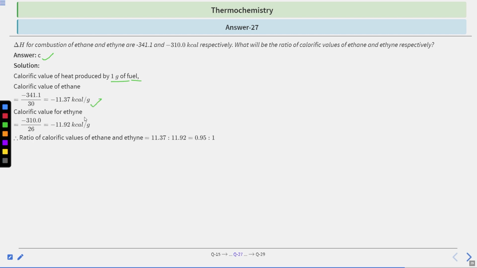And for ethyne, it is minus 310 upon 26, which is minus 11.92 kilocalorie per gram. So on taking their ratio, for ethane and ethyne we have 11.37 ratio 11.92. And on simplifying this, we have 0.95 ratio 1. So option C is the correct answer.